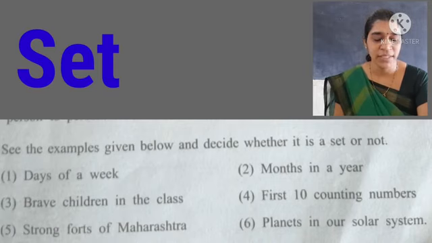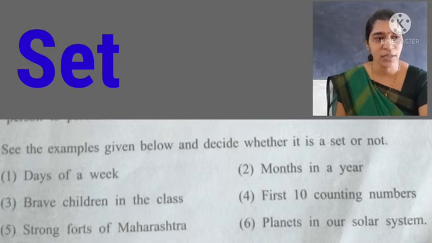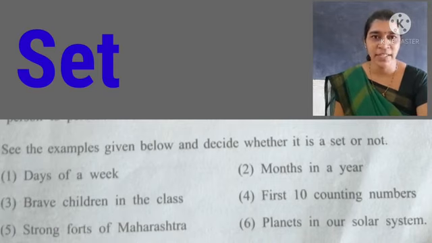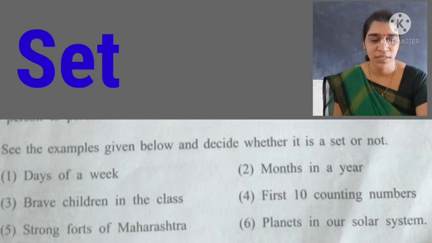In all these examples we have to decide whether they are sets or not. So how do we say that it is a set? A well-defined collection of objects is called a set. So the first example, days of the week: Sunday, Monday, Tuesday, Wednesday, Thursday, Friday, Saturday. So it is a set.